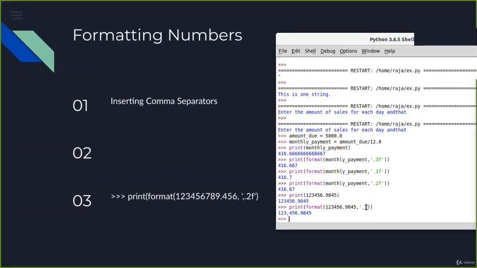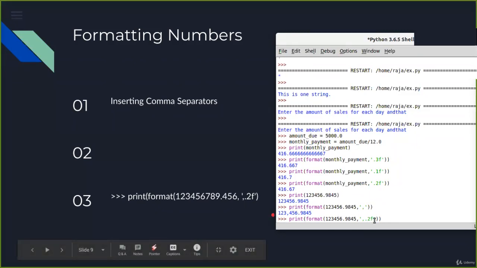Now I can add a floating point precision as well. Dot essentially means whatever is beyond my decimal point or beyond my dot. And what is the precision that I would like to give? 2.